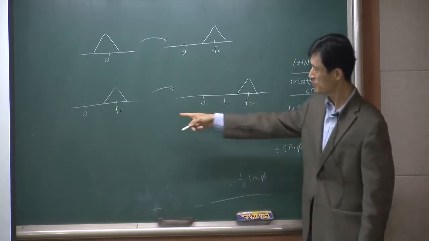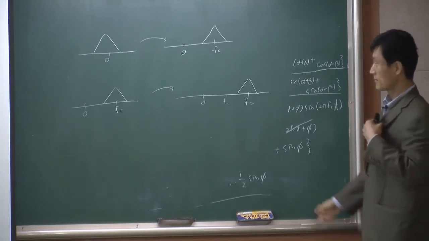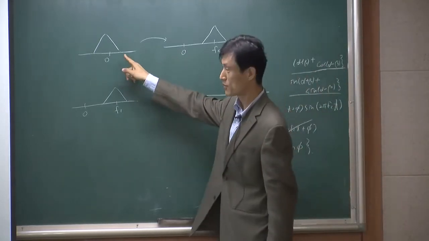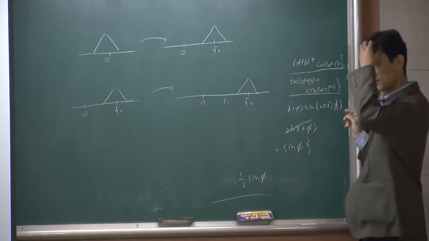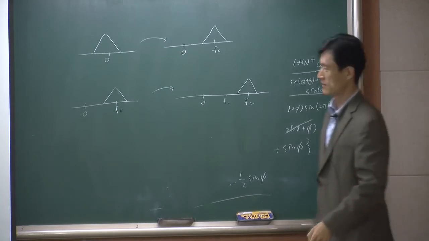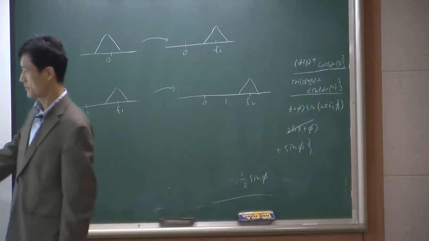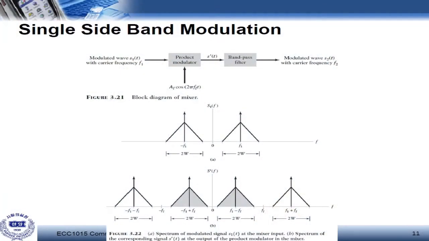How do you change it from here to here? From here to here, we know to multiply cosine simply. But here to here, how do you do it? That's what we're looking at here. But simply speaking, how to do that?